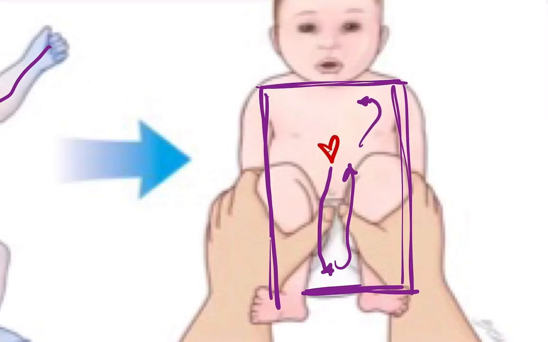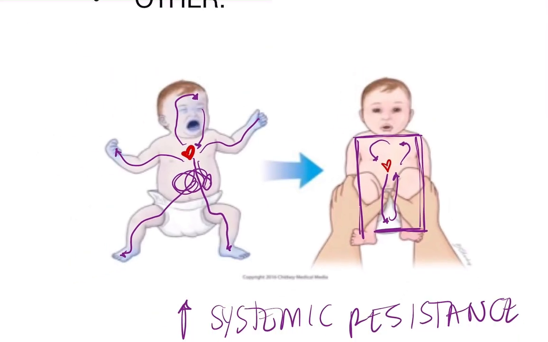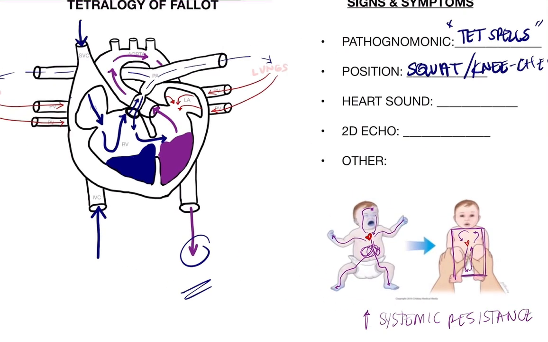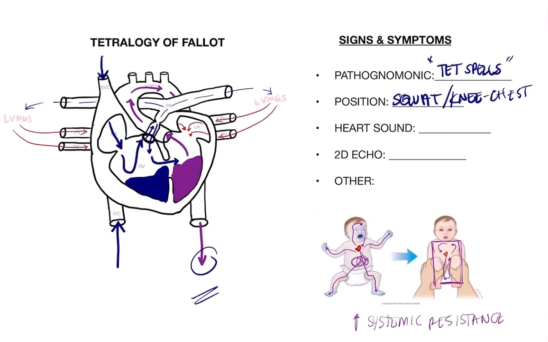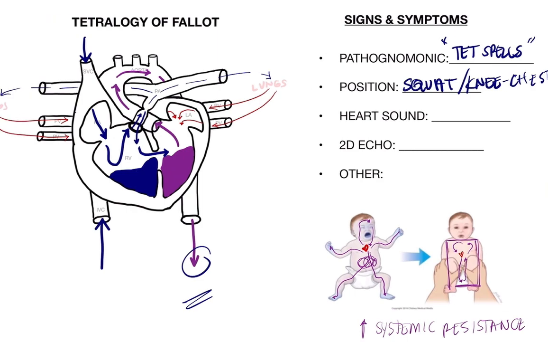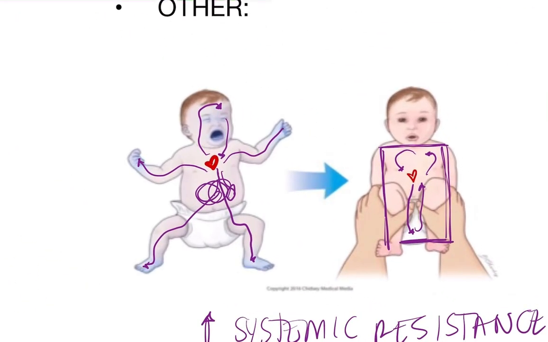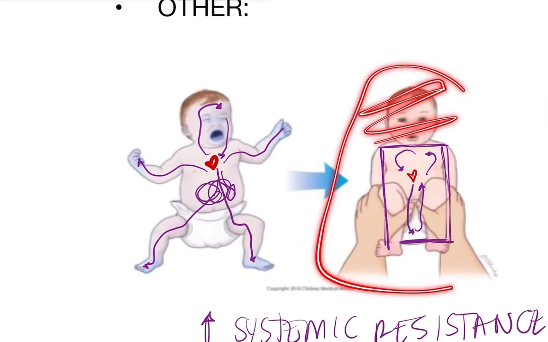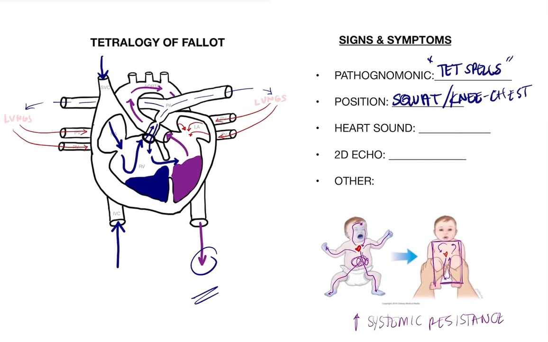Okay. Not necessarily to the rest of the body. So we're increasing systemic vascular resistance by doing that. And that is why their TET spells become better when they're in a squatting or a knee chest position.